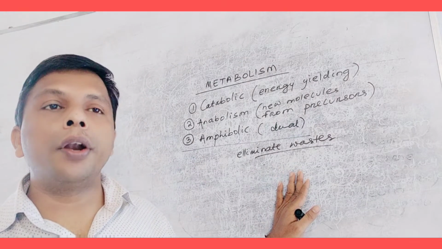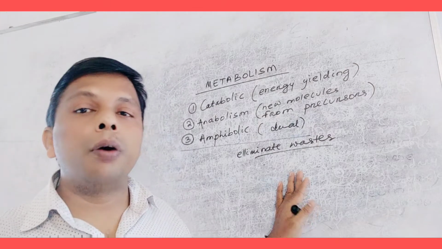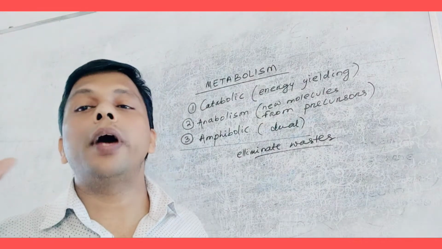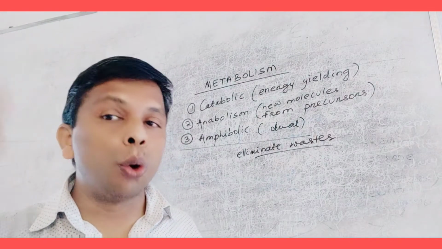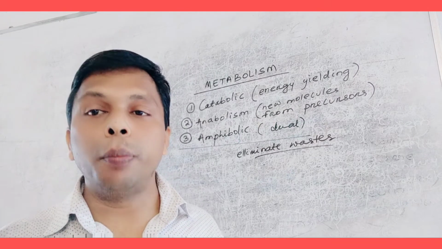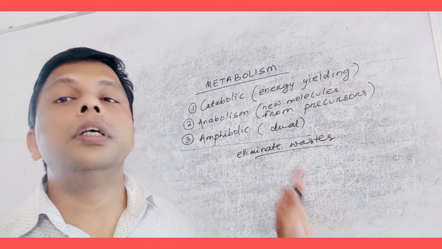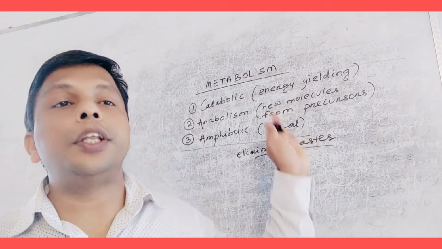Suppose the unnecessary compounds are removed through excretion. When this never happens, what happens? It can put an impact on metabolic pathways. The pathway may slow down, or sometimes the body becomes toxic. The chemical reactions cannot occur. So it is also another linked process with these three pathways.